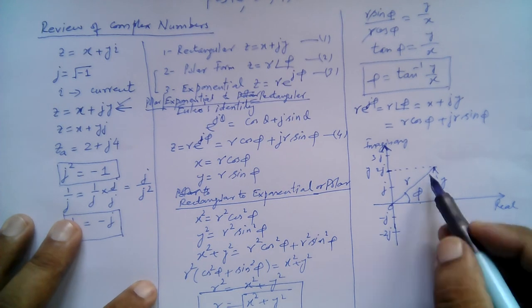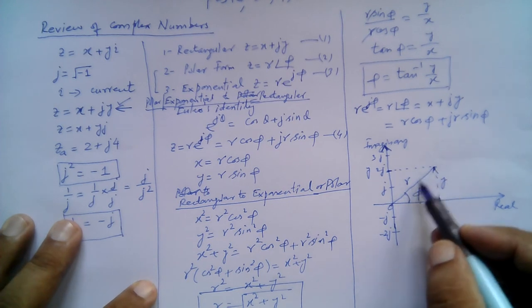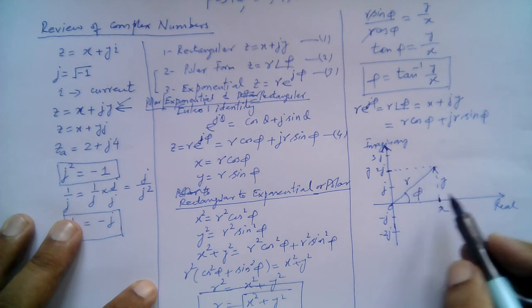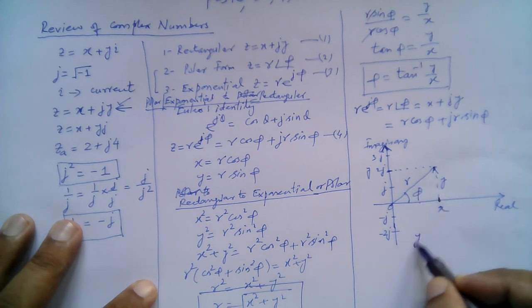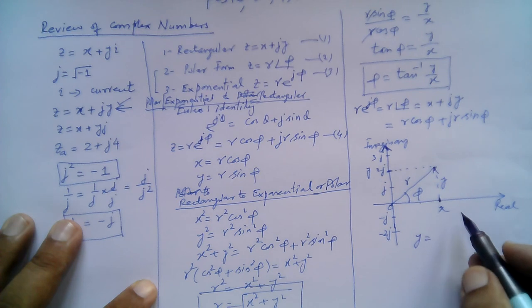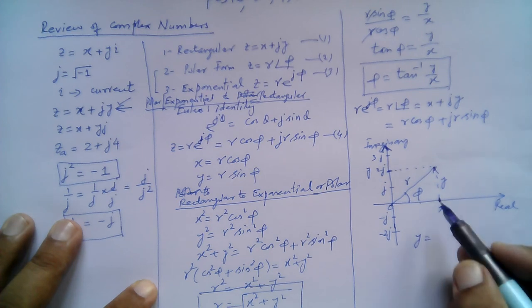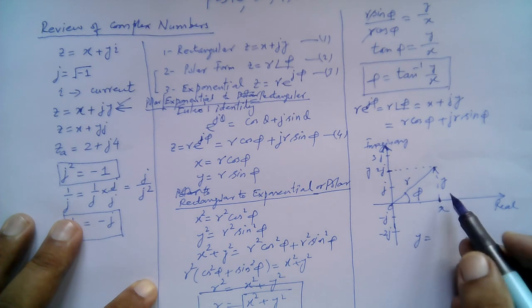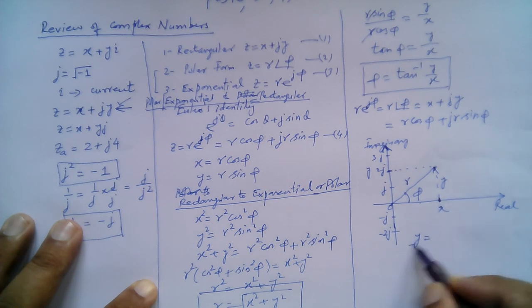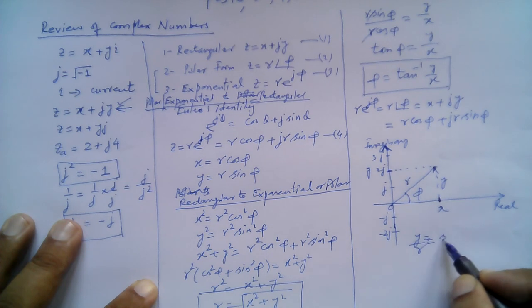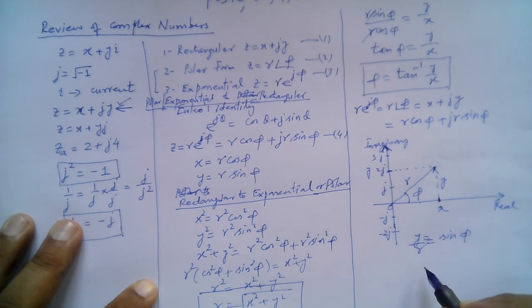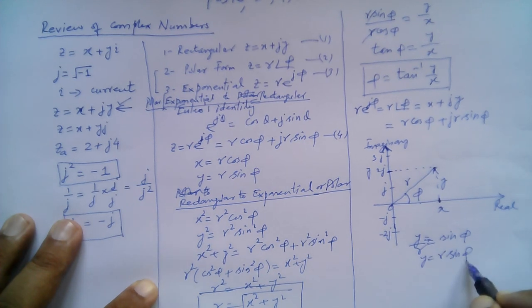For example, if we have the polar form or exponential form available, you can see that y over r is equal to sine phi, and we can say that y is equal to r sine phi.